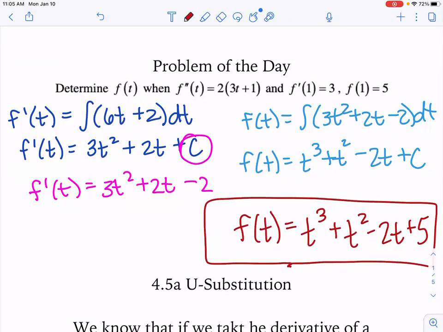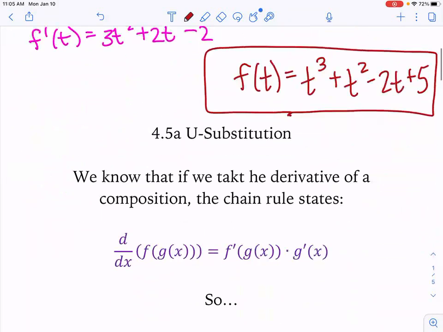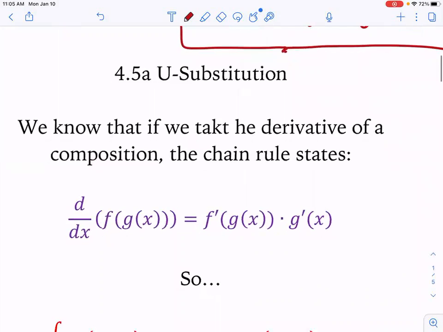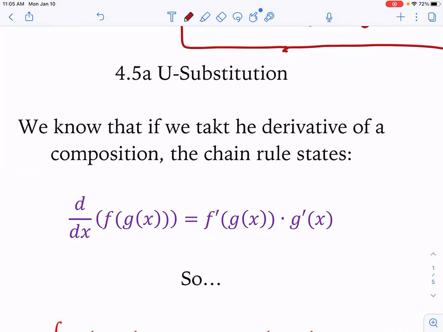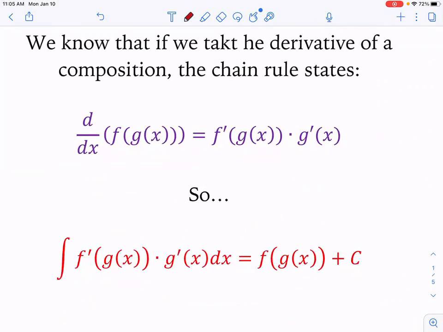Now let's think back to our derivatives unit. We know that if we take the derivative of a composition, we would get f prime of g of x times g prime of x. So if this derivative is this, then if we go backwards, the antiderivative of this would have to be the composition.